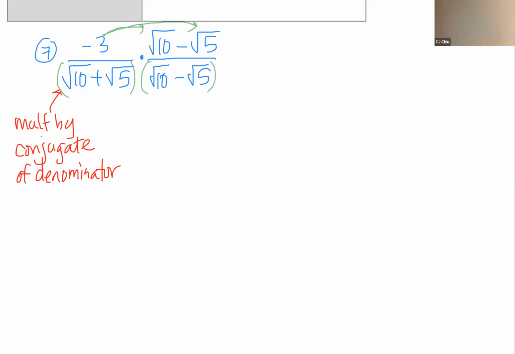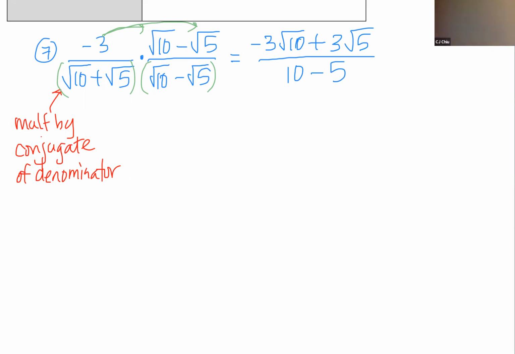So here we just get negative 3 square root of 10 plus 3 square root of 5. And then remember the conjugates, you can just do a squared minus b squared. So in this case, square root of 10 squared is 10, square root of 5 squared is 5, and it's always minus.